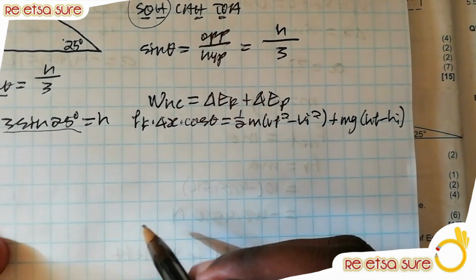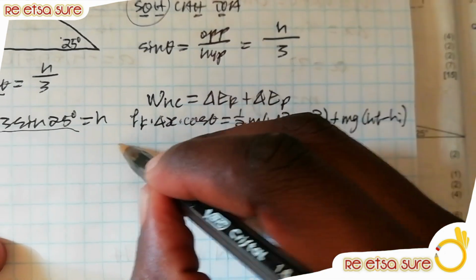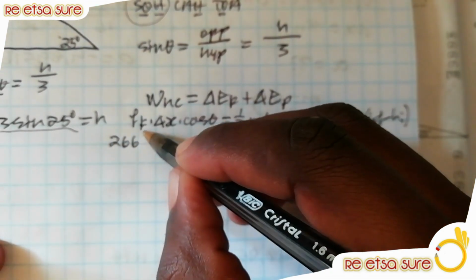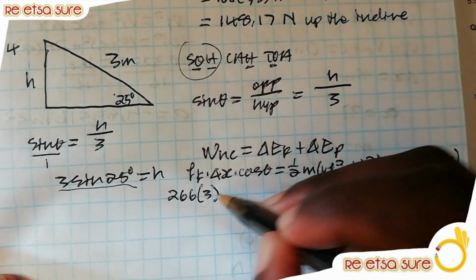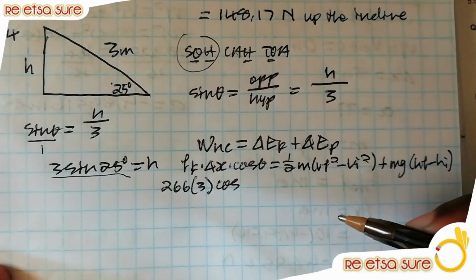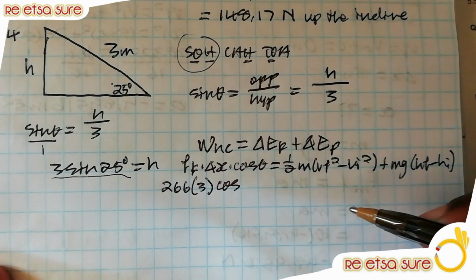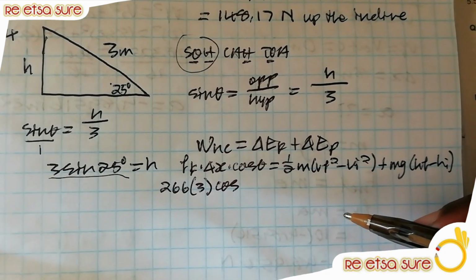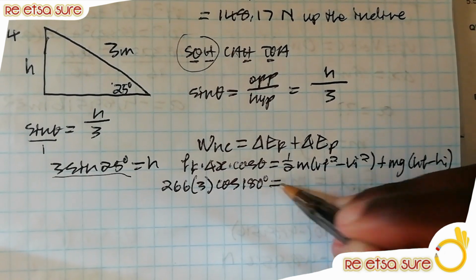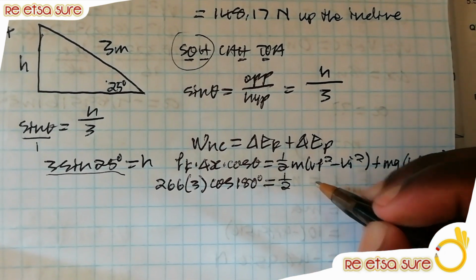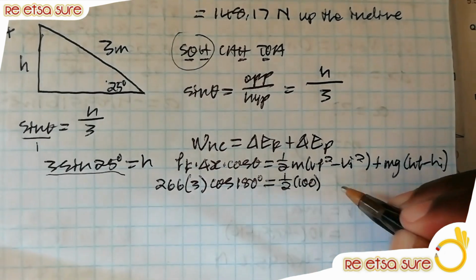Now they told us the value of the frictional force, which is 266 times delta x is 3 cos. Now friction is always opposing the motion of our object, so it is 180 degrees. The mass of our object is 100 kilograms.